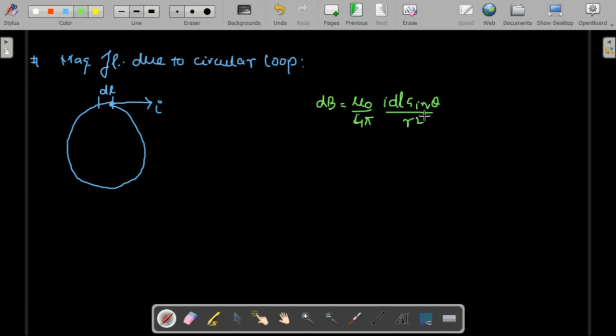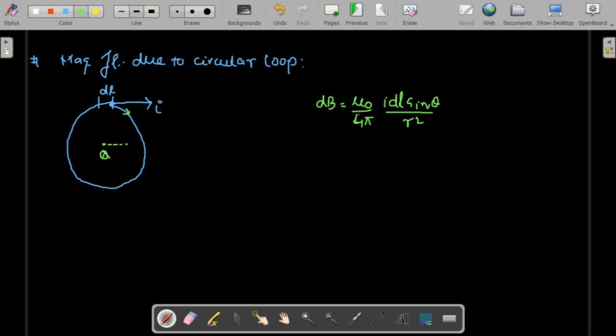We are interested in finding out the entire magnetic field due to this current carrying loop. If the current is flowing in this direction, we can use our right hand thumb rule and we can see that at any point, if we are going to find out the magnetic field at the center, the field will always be pointing inwards.